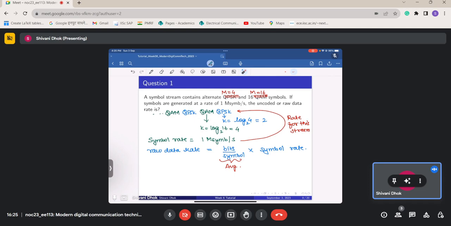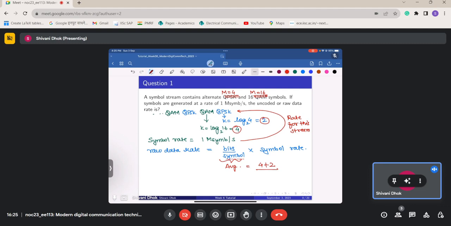Therefore, this average is basically 4 bits, which correspond to this, plus 2 bits, and these 4 plus 2 bits, I am sending for how many symbol durations? 2 symbol durations. Those 4 plus 2, 6 bits, correspond to 2 symbol durations.